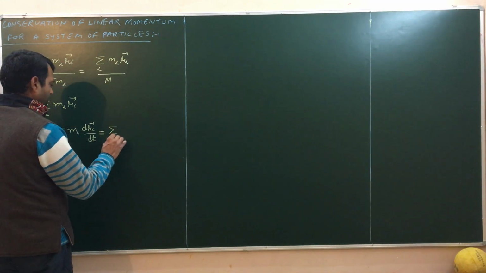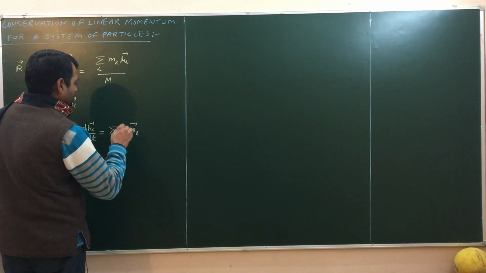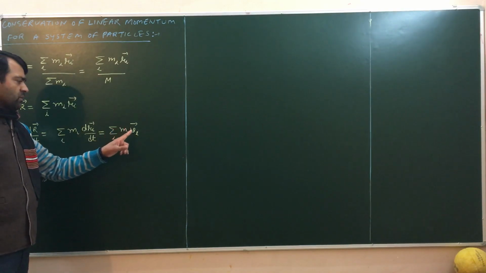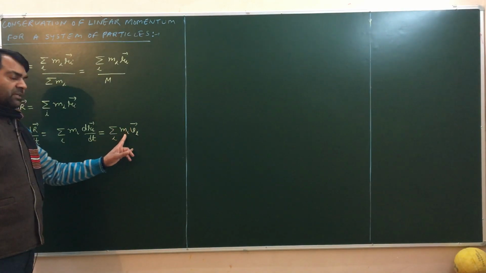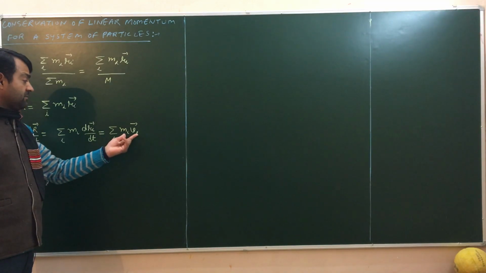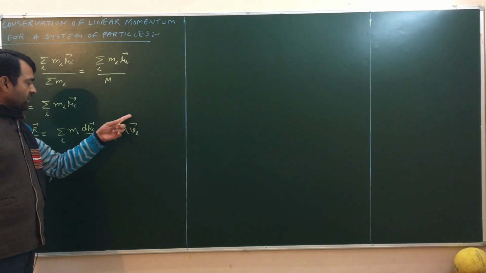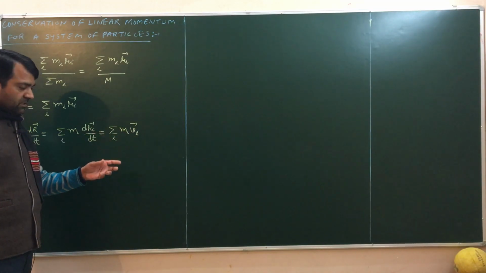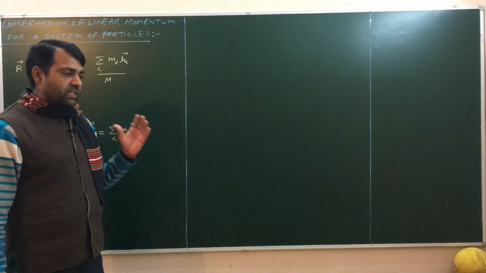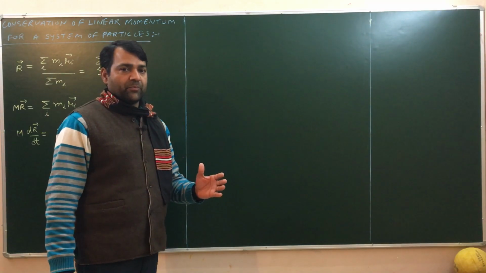Sigma i mi vi vector, where vi is the velocity of the ith particle. Velocity of the ith particle multiplied with the mass of the ith particle is the momentum of the ith particle, and if the momentum of the ith particle is summed over i, this quantity is the vector sum of linear momenta of all the particles.